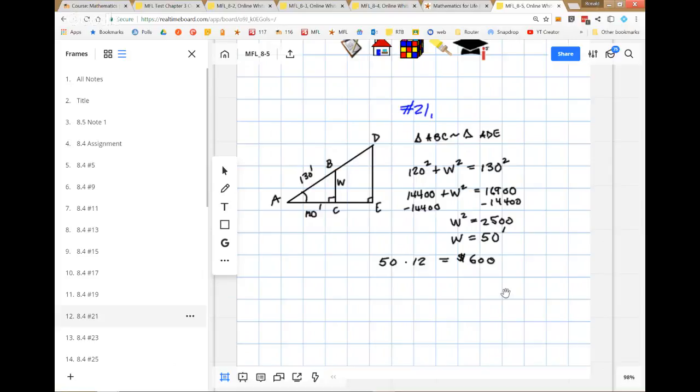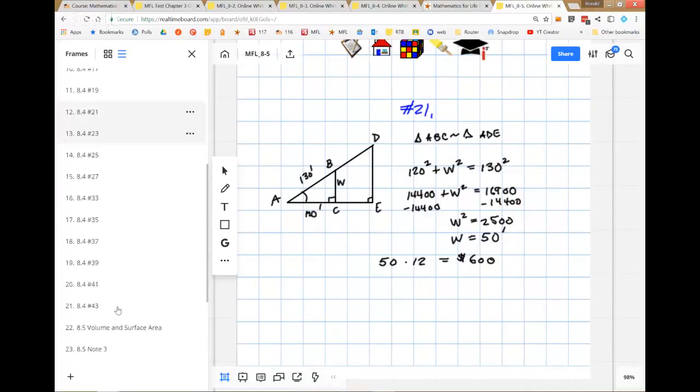Do we have time for 37? Sure. On 8.4? On 8.4? Leah? Yes. 37 on lesson 8.4? Yes.